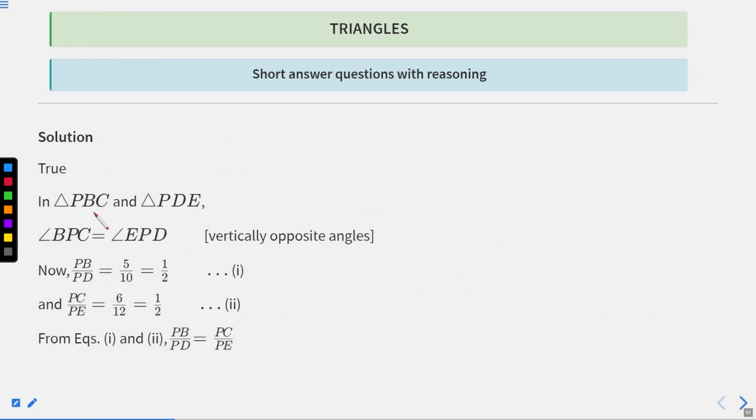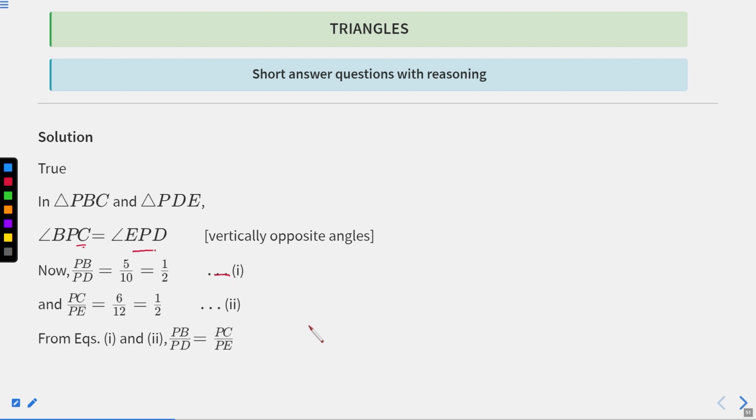So in triangle PBC and triangle PDE, angle BPC is equal to angle EPD, since they are vertically opposite angles. Now PB by PD is equal to 5 by 10, which is equal to 1 by 2; naming this equation 1.